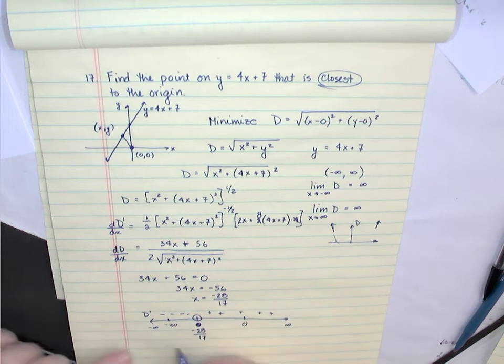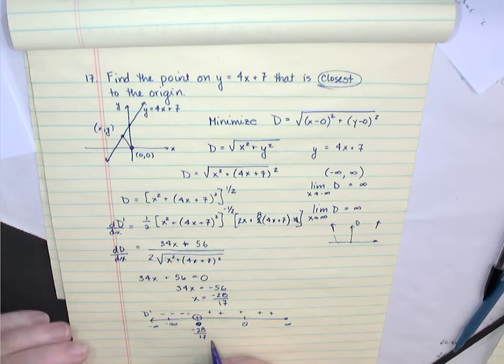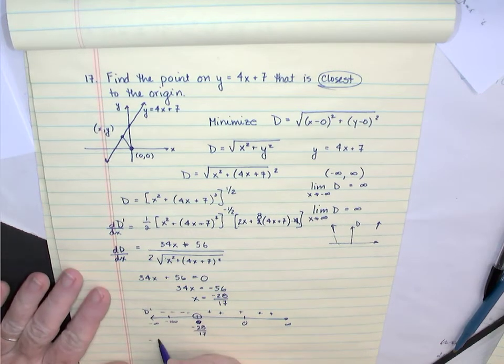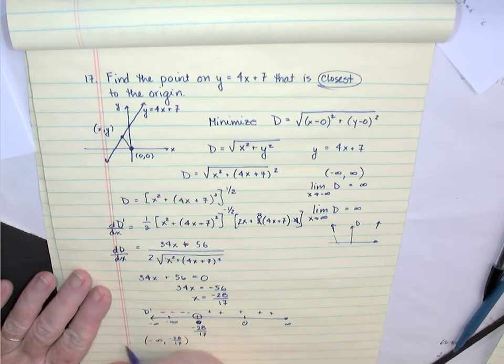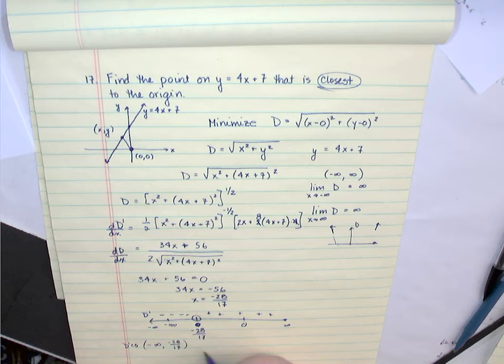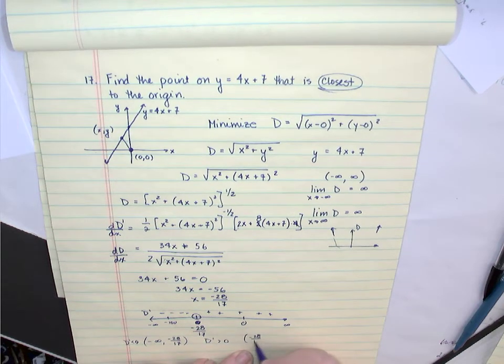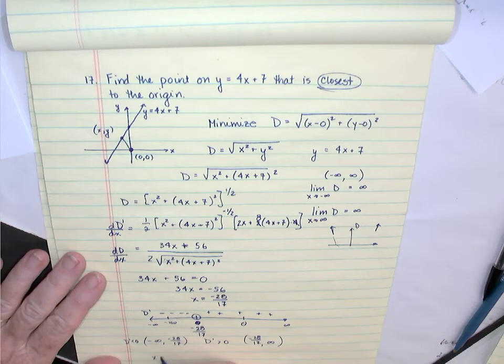Here's my sign analysis. Since d prime is negative from negative infinity to negative 28/17, and d prime is positive from negative 28/17 to infinity, we know that at x equals negative 28/17 there is an absolute min. They ask us for the ordered pair.